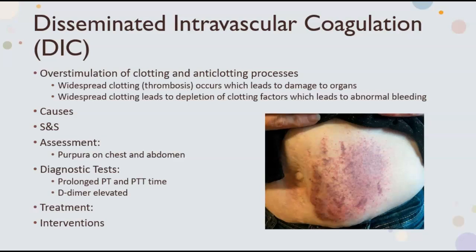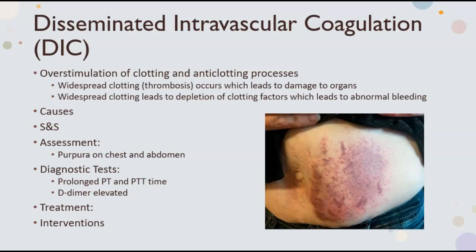Diagnostic tests for DIC. They will have a prolonged PT and PTT time. They will have a low platelet count, a deficiency in fibrinogen, a deficiency in factors 5, 7, 8, 10, and 11, and the D-dimer will also be elevated.